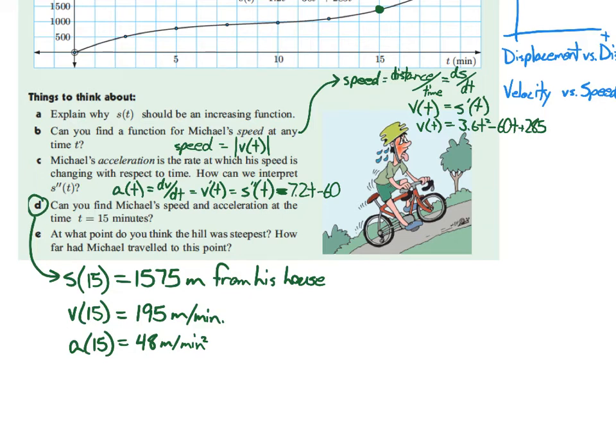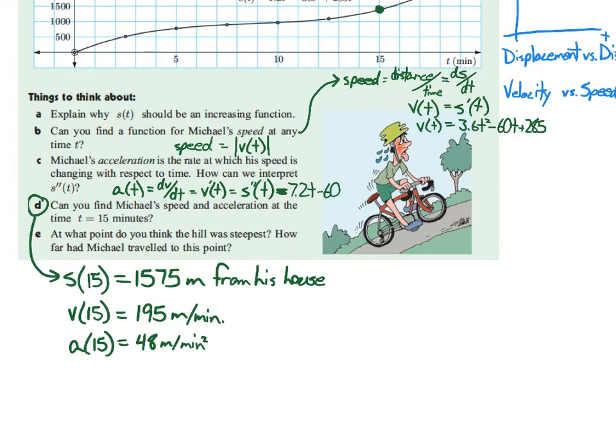The longer he was going uphill, the slower he was going, until finally he reaches the top, and then he's able to start picking up speed. So we're on our way downhill at this point.